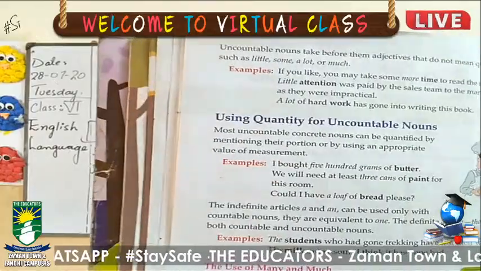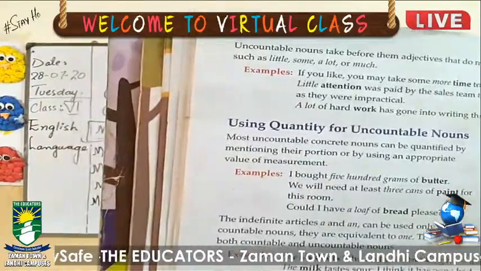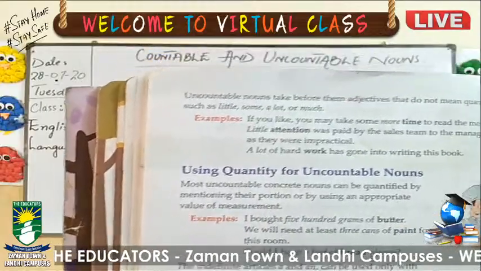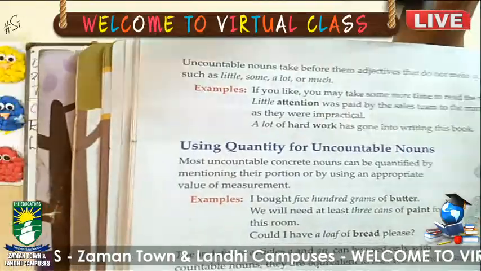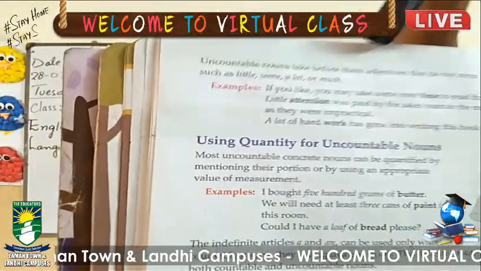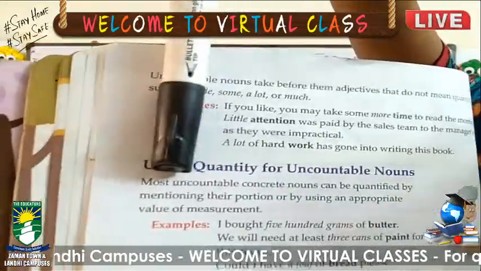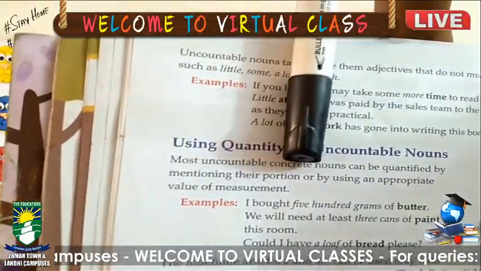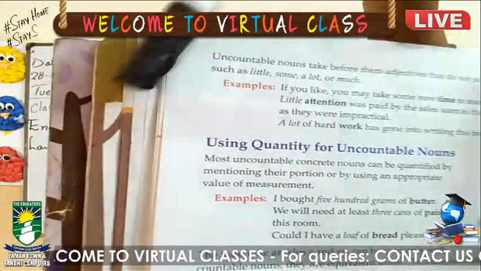Here is something new with the uncountable nouns. Can you see it now? Using quantity for uncountable nouns. The thing which I was telling you about the measurement of the uncountable nouns, here is an explanation. Most uncountable concrete nouns are what? You guys have learnt before this, okay?